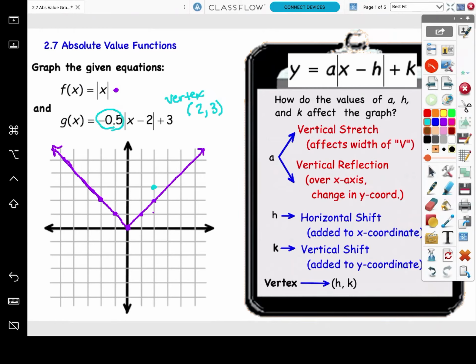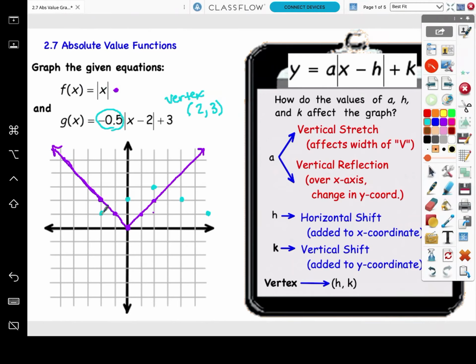So our vertex moved, and our a value, negative 1/2, gives us the slope of the right-hand side. So the right-hand side is going to be negative 1/2. I'm going to go down 1, right 2, down 1, right 2, to figure out that right-hand side, and the left-hand side just reflects that.